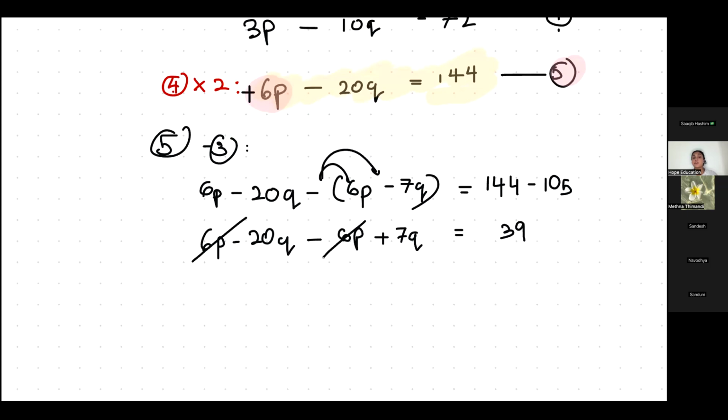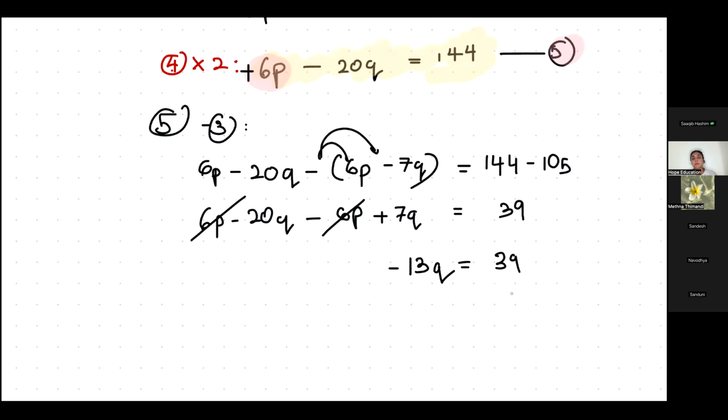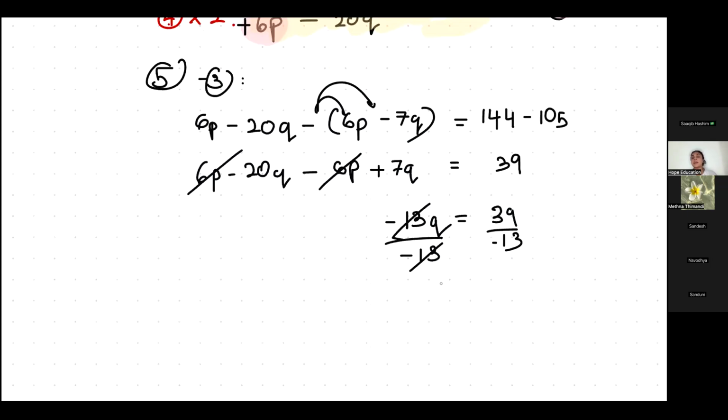Then minus 20q plus 7q would be minus 13q equals 39. Then I divide both sides by minus 13. The 13s cancel. So we have q equals 39 divided by 13 is 3. Plus divided by minus, our answer is minus. So we get q equals minus 3.